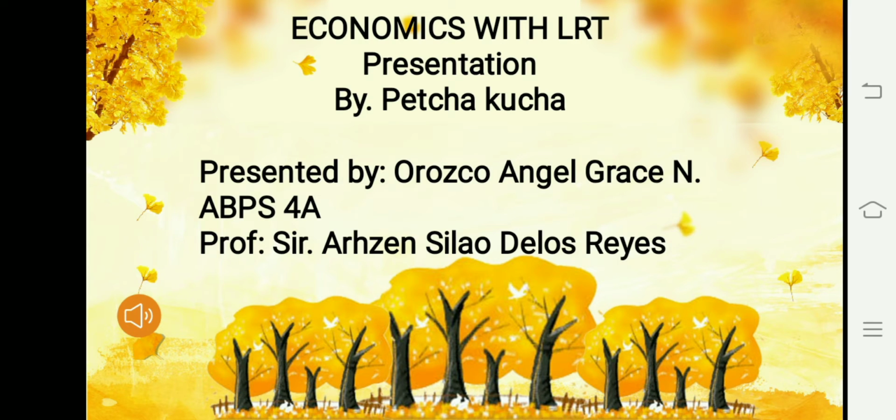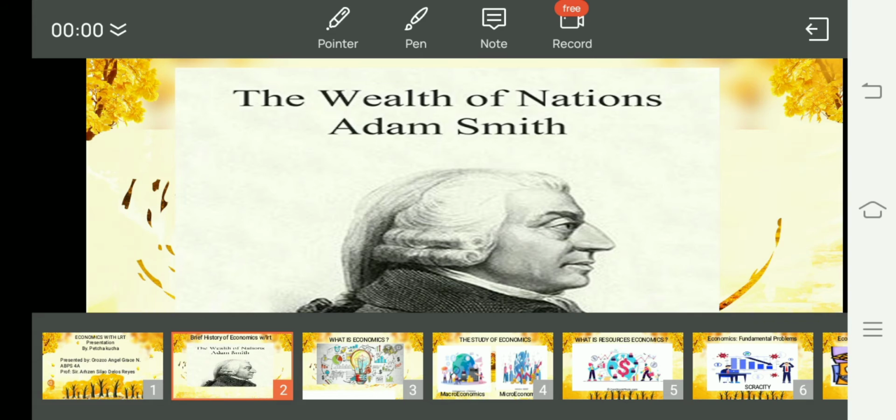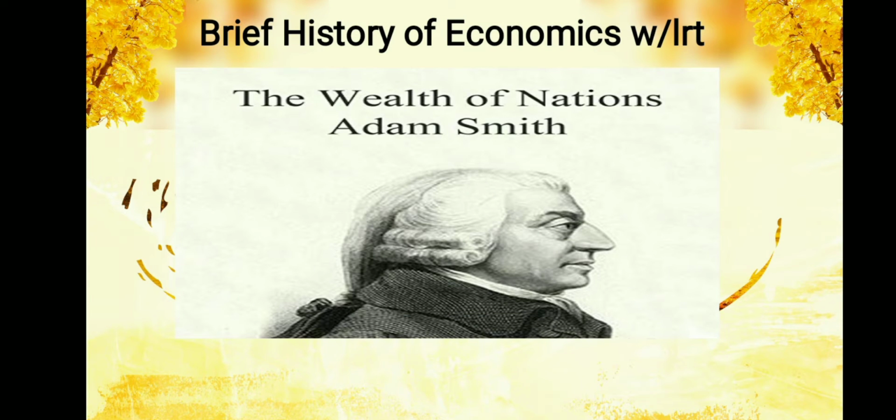Before the main topics, I want to give a brief history of economics. Adam Smith used the ideas of French writers to create a thesis on how economics should work.